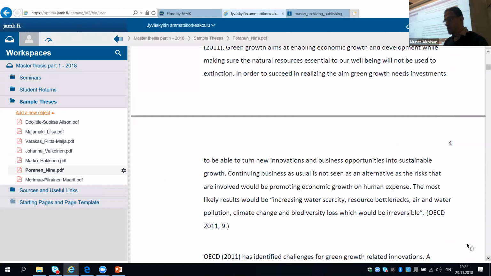She has used citations from the OECD: the most important likely results would be increasing water scarcity, resource bottlenecks, air and water pollution, climate change, biodiversity loss, which would be irreversible. So what are the consequences that may happen? And here, as you see, the sources are not academic. OECD, some statistics.